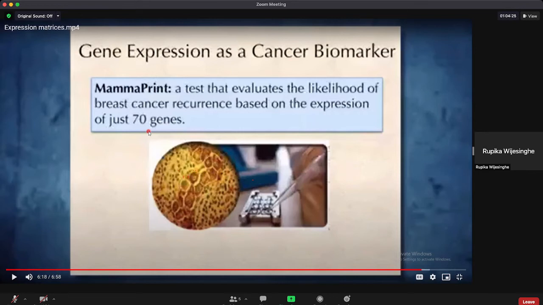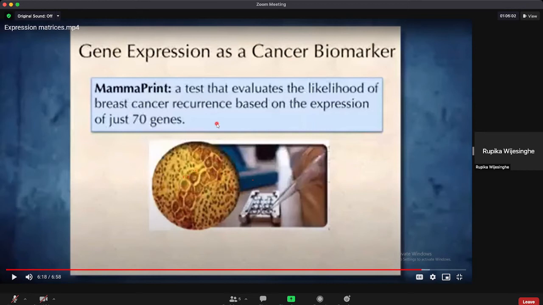So we are going to get the data, and our task is to develop a test for maturity onset diabetes in young, to identify the MODY type of diabetes.